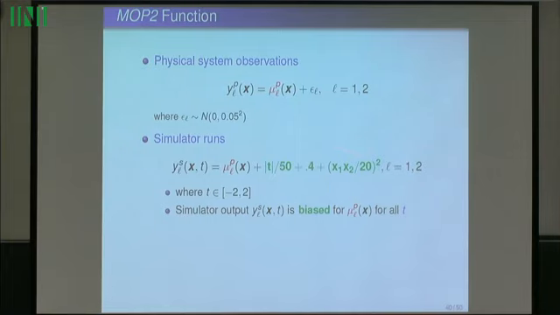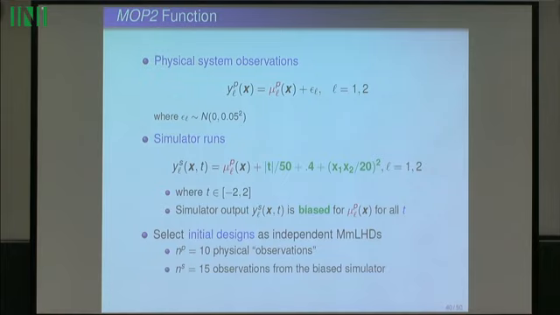There's no value of the calibration parameters here which would make this simulator unbiased, to get 0 on the bias. For the initial designs, we didn't take the IMSPE optimal designs, actually. We took here just some independent maximin Latin hypercube designs, which is not necessarily the best thing to do. We started with 10 physical observations and 15 observations from this biased simulator.